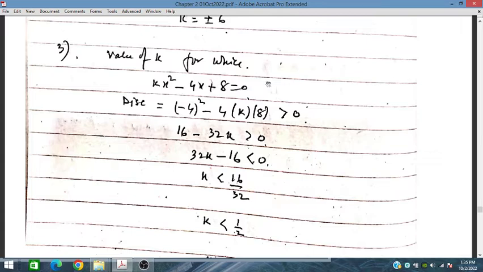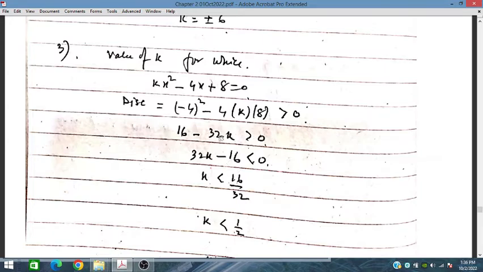For less than half, it gives two distinct roots. For greater than half, it will give very different conditions.